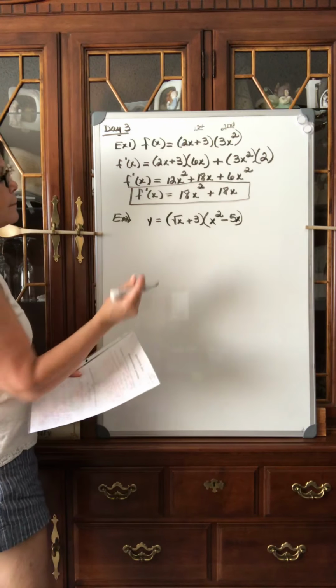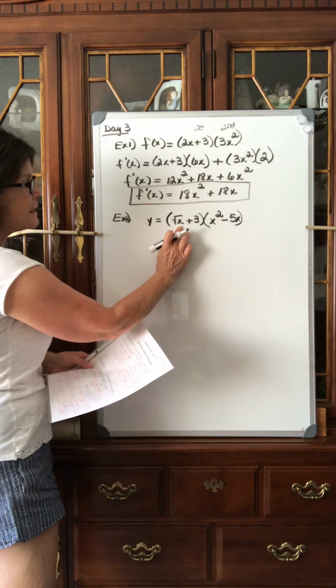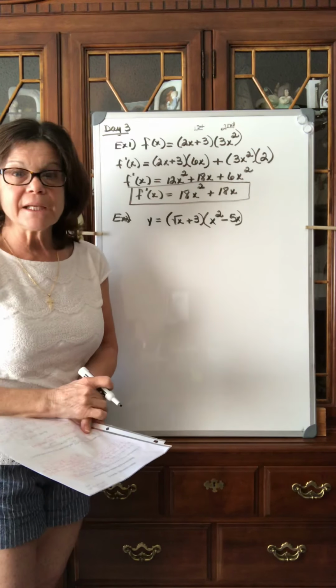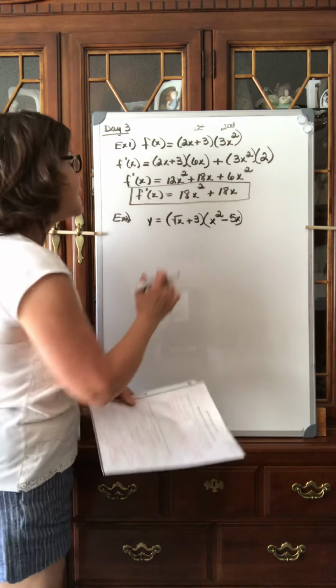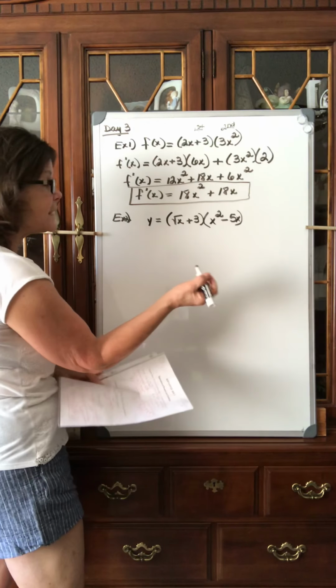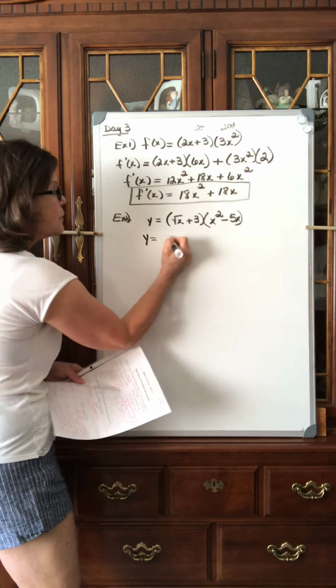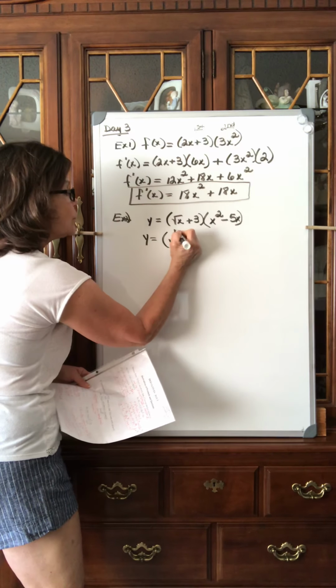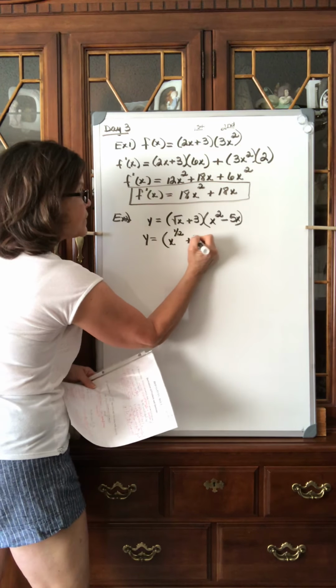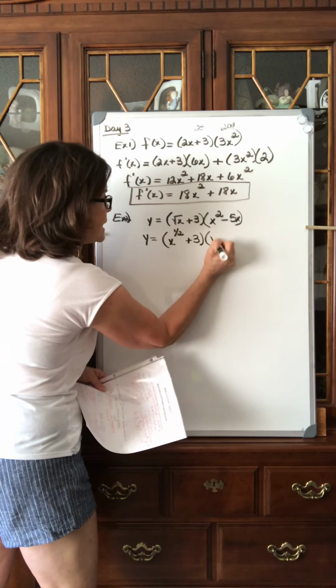Okay, I'm just going to rewrite this. Instead of with that radical sign, with an exponent. Remember that the square root can be written as anything to the 1/2 power. So my original function is equal to x raised to the 1/2 power plus 3 times x squared minus 5x.